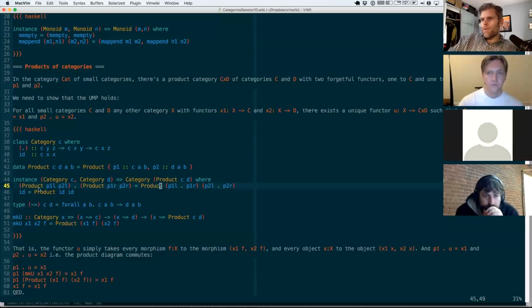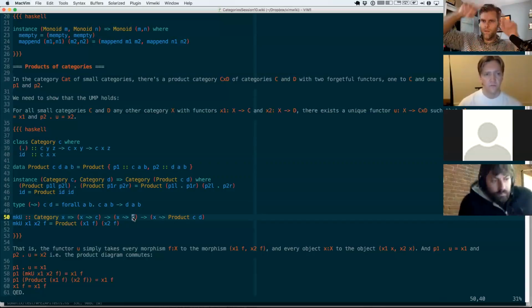So that's pretty straightforward. And then I have this type here, which is a natural transformation on the arrows. So this should go from, oh wait, I guess this is a functor, yeah. So a functor from C to D will take all arrows in C from A to B to an arrow in D from A to B, right? So then I'm saying that given a category X, a functor from X to C and a functor from X to D, right?